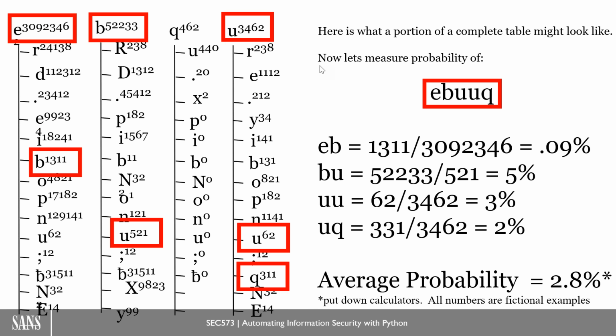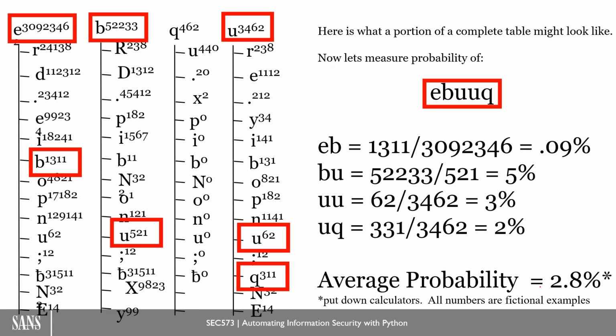And if I take a random set of strings, such as we would see in these DGA domains, and I do the same thing, well, E followed by B is pretty improbable. B followed by U is maybe a 5% chance. U followed by U is improbable, and U followed by Q is improbable.